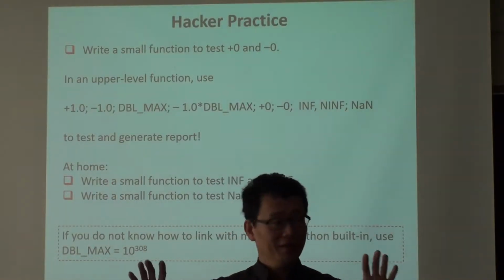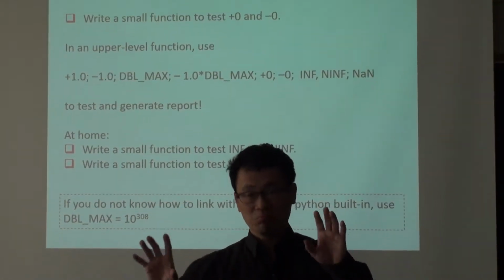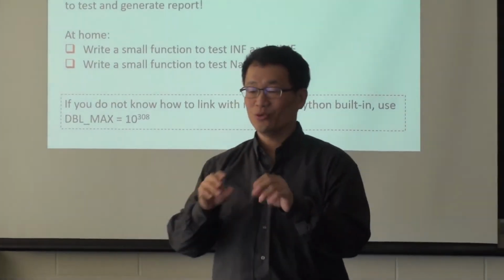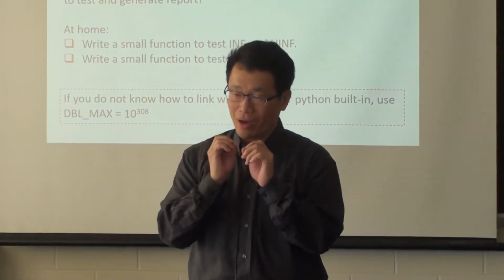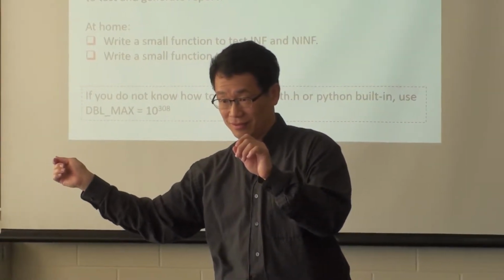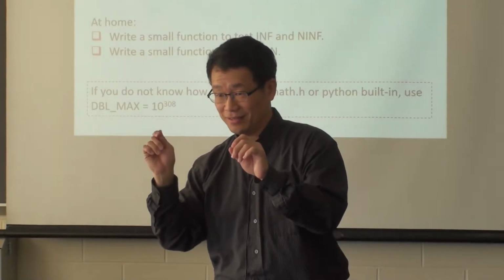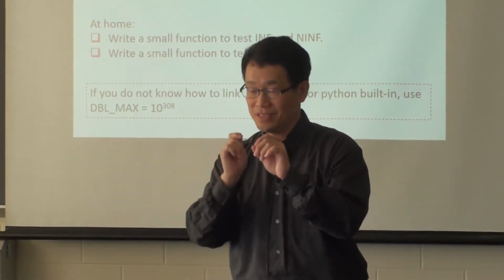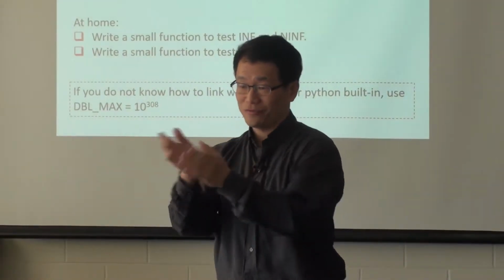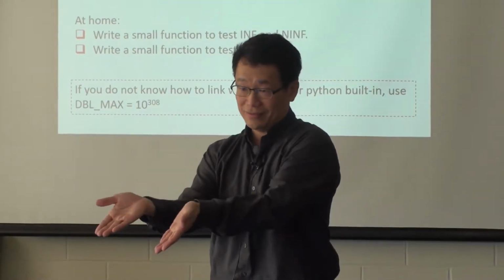Because in the semantics, this is PowerPoint, not Python, right? So you need to generate your positive 0 from infinity, 1 over infinity. Negative 0 is 1 over negative infinity. So first you have to generate infinity.